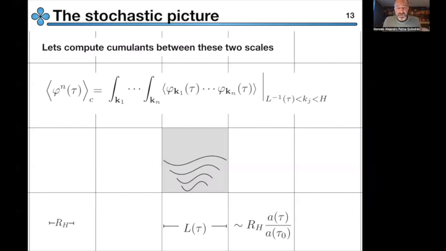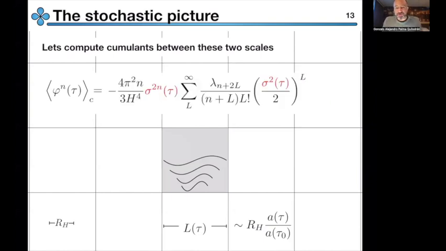In this case, cumulants are just the integration in momentum space of correlation functions ranging from the lowest wavelength up to the highest wavelength, as it is shown there in the figure. If you replace the previous integral with the correlation functions that we discussed before, then this is the result that you will find, where sigma squared is given by this expression, which encodes the secular growth that we have been discussing.